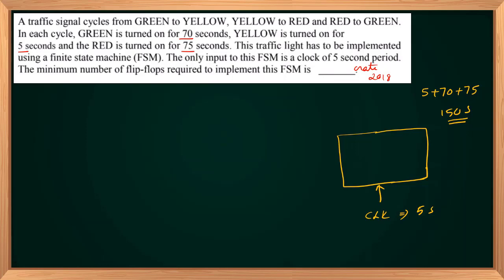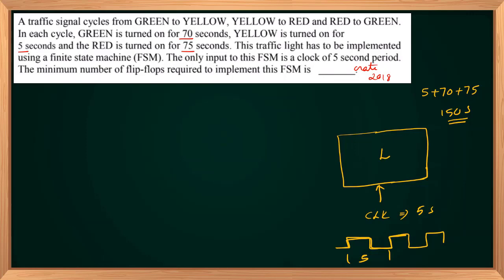So for each clock it should perform the action green to yellow, yellow to red, and red to green, right, before the occurrence of the next clock. But the problem is the clock will repeat every 5 seconds. So in one clock interval, the entire action of the sequential circuit will not be completed.